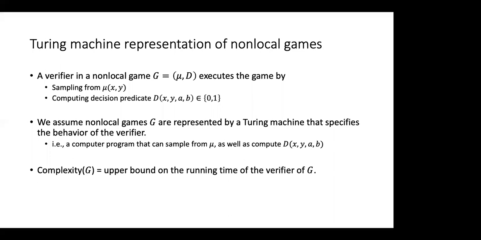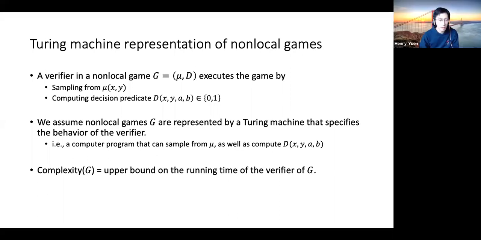Here's a question from Michael De La Salle. Could you repeat what running time of the verifier means? Good. One way to think about it is, this decision predicate D of x, y, a, b, you can measure how long it takes to compute its output 0 or 1 as a function of the length of x, y, a, and b.